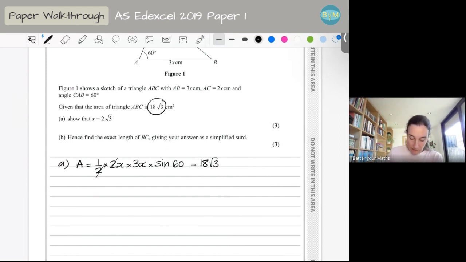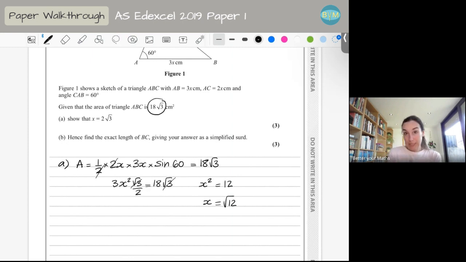So we have 3, this 3, x times x squared. Sine 60, root 3 divided by 2, must be equal to 18 root 3. We can cancel the root 3. And we can simplify the numbers. So we have x squared is going to be 12, which means x is going to be root 12.